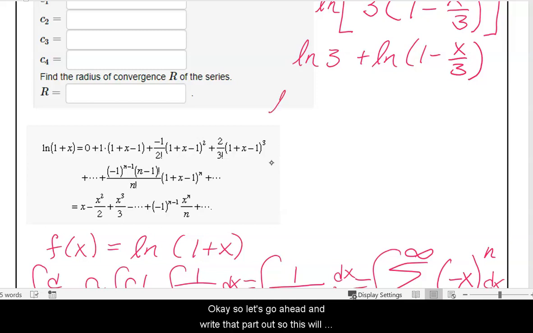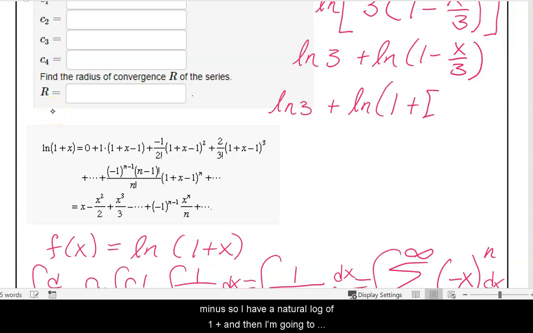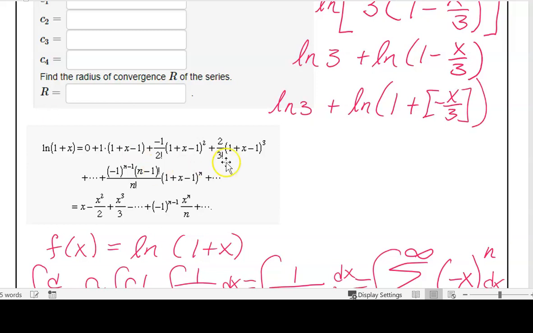Okay, so let's go ahead and write that part out. This will give me natural log of 3 plus, now I need to rewrite this with a plus instead of the minus, natural log of 1 plus, and then I'm going to write this as negative x over 3. Now this looks exactly like the formula, so I can expand it if I want to, or I can write it in the power series form. I'll do both.